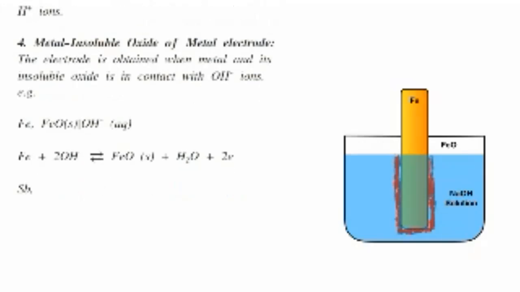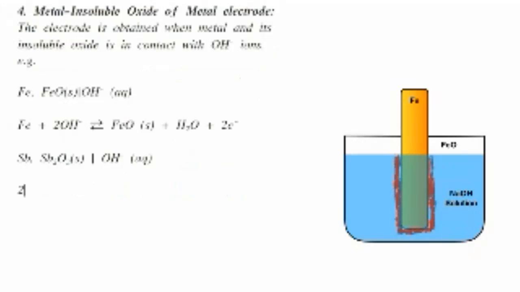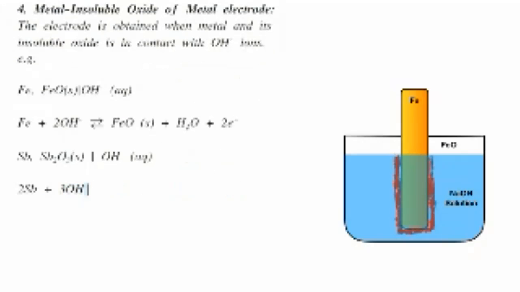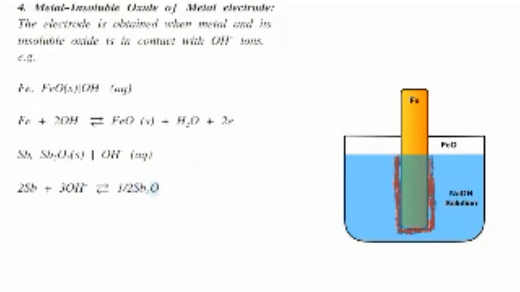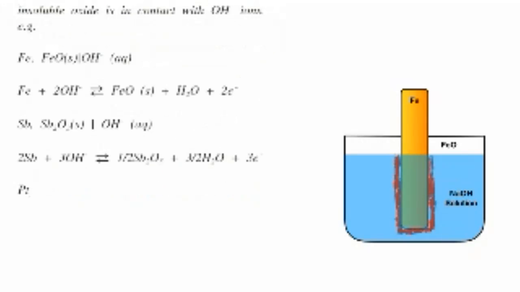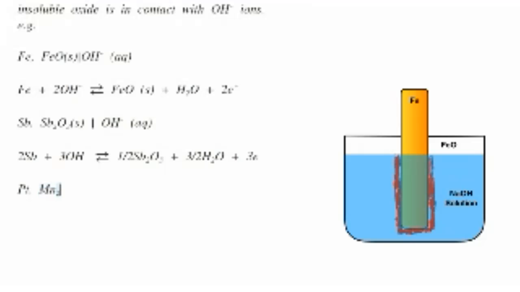Similarly, antimony and antimony oxide, when in contact with OH- ions, produce this type of electrode. The reaction is 2 antimony combines with 3 OH- ions, producing antimony oxide plus 3/2 water, and 3 electrons are liberated. Similarly, manganese oxide and manganese dioxide can make a similar kind of electrode.